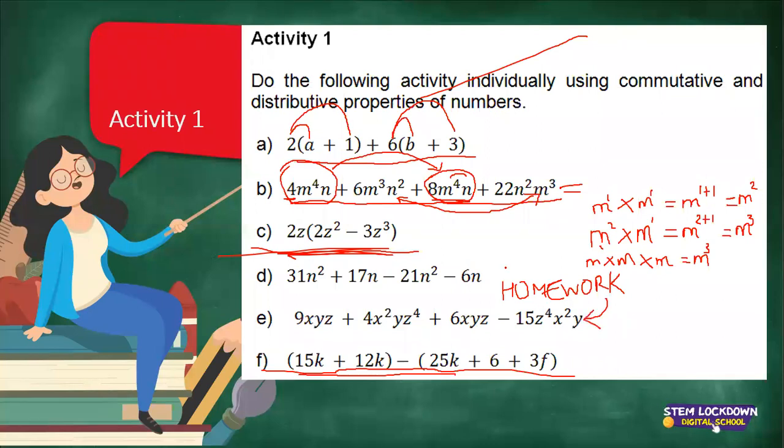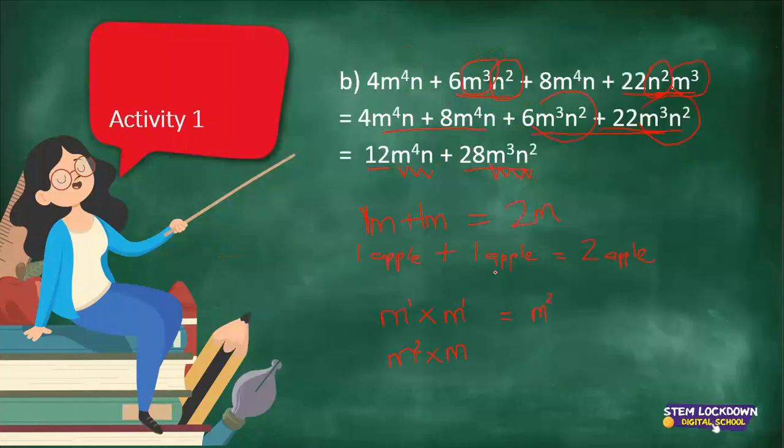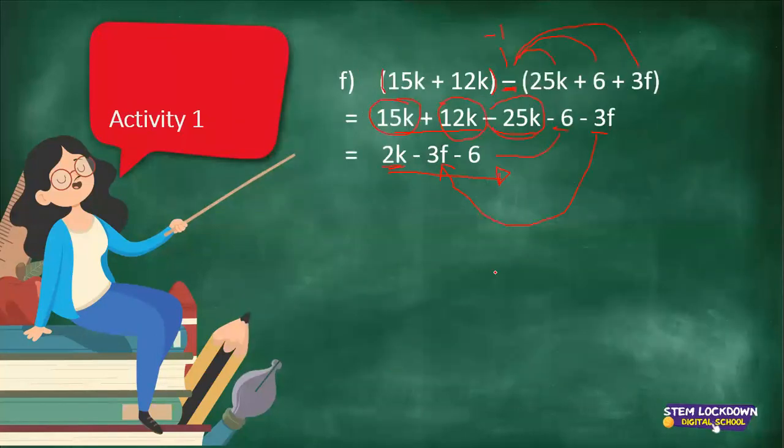Okay, MJ, what is your question? We have a minute remaining. I just want to ask why the 3 came before the 6 in the answer for F. Okay, it doesn't really matter.